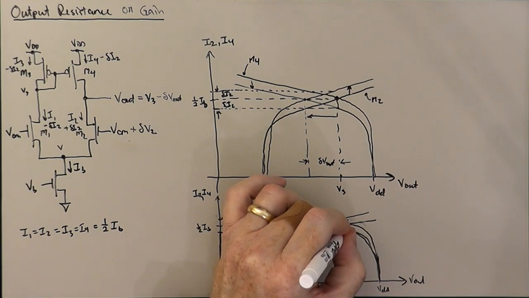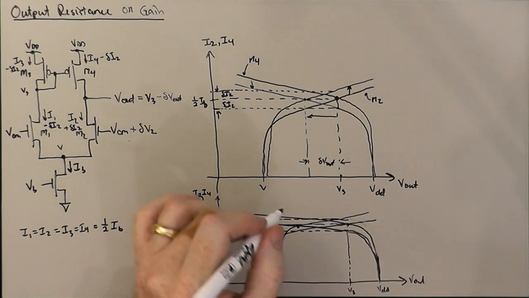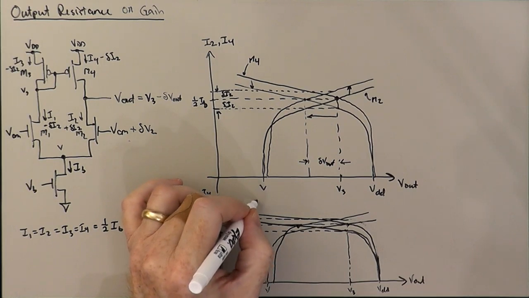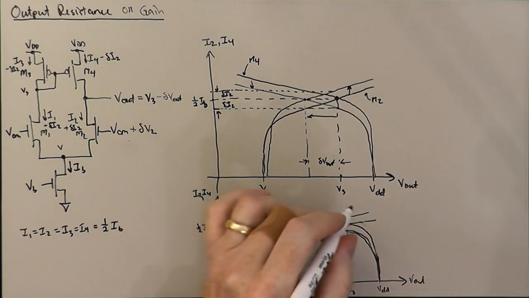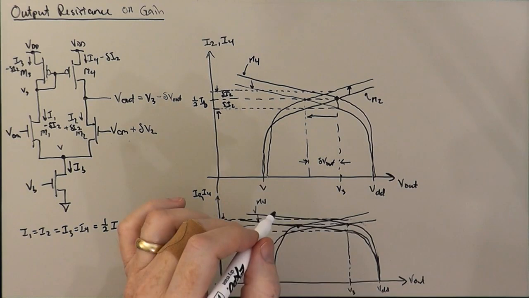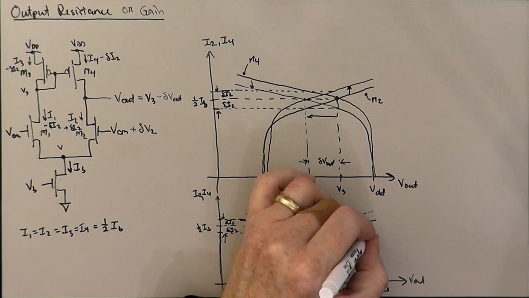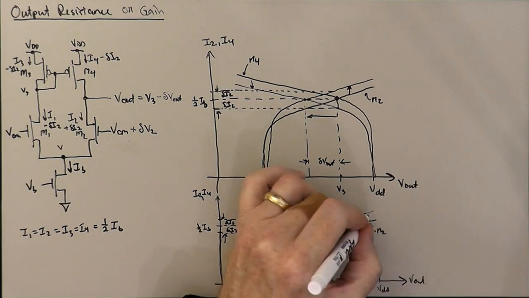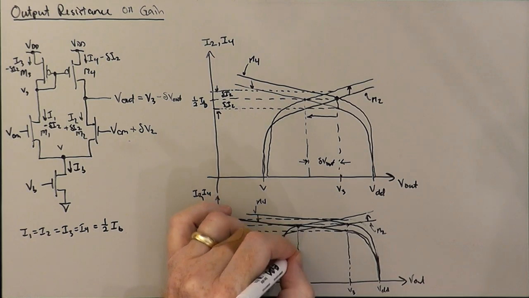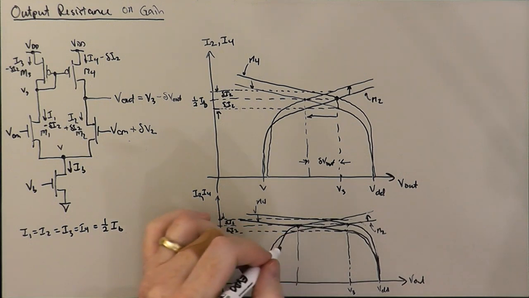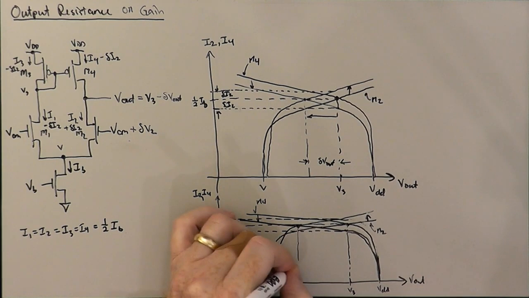So the original crossing point was here. So M4 has gone down. M2 has gone up. And the crossing point has shifted over to here.